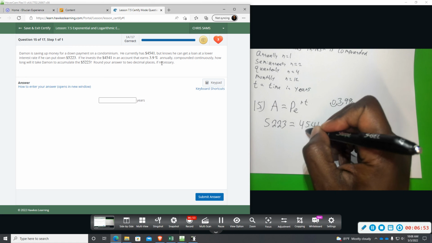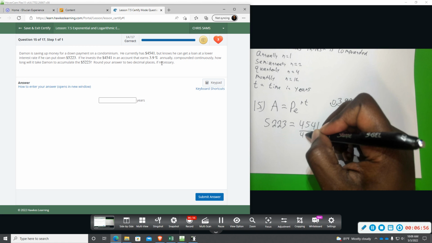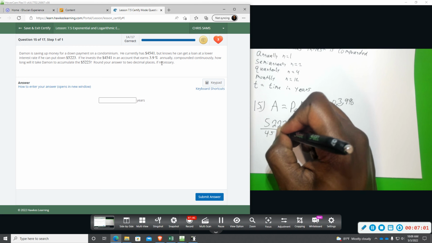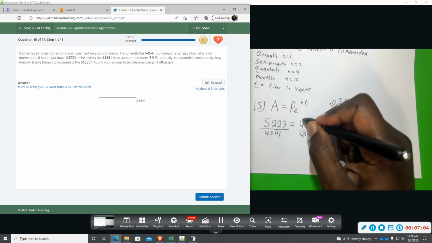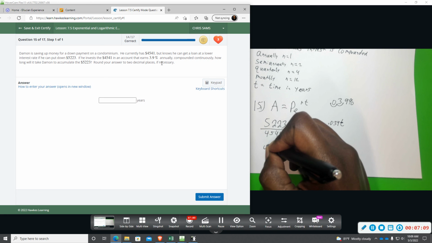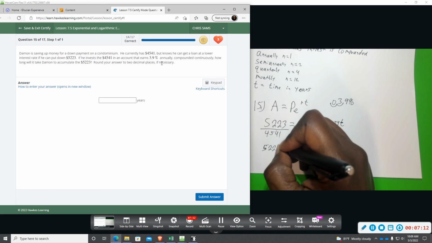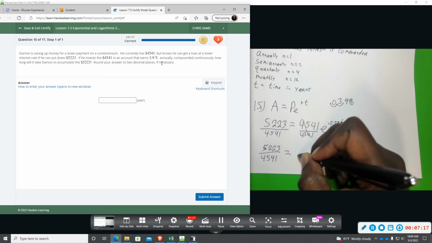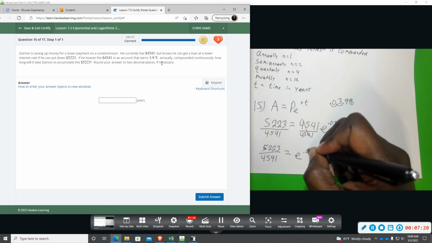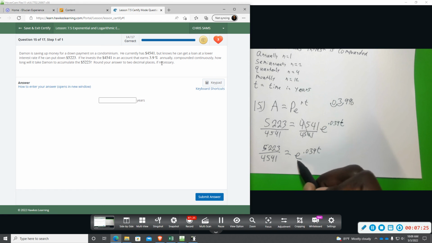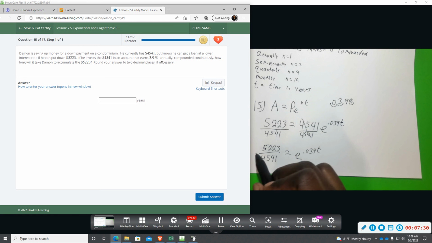We're going to divide by the 4,541 on both sides. So that's going to divide out. So I'm going to have whatever this is equal to, I'm going to leave it in that form. 5,223 divided by 4,541 equals E to the 0.039 T power. So from here, we're going to take the natural log of both sides, or just think about writing this as a logarithm, going from exponential to log form.